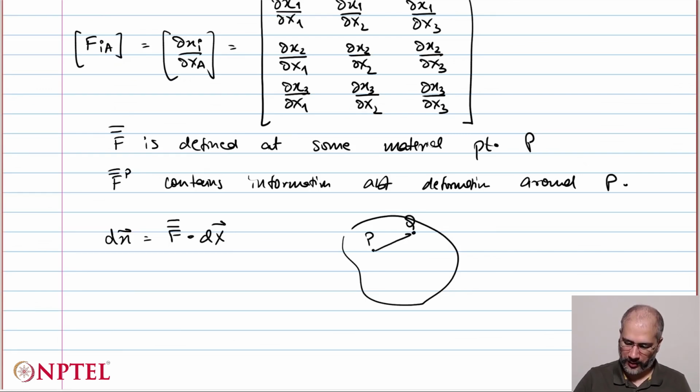So we had defined d capital X like this. Now of course you can move capital Q and get different d capital X vectors. So this is some arbitrary choice for Q, and what I'll do now, to understand, is pivot the body at point P. So what it means is that small p also coincides with capital P, but small q, of course, will be somewhere else, which is here, let's say.